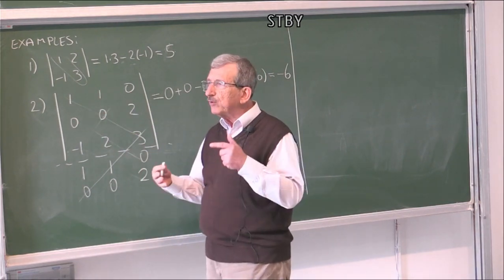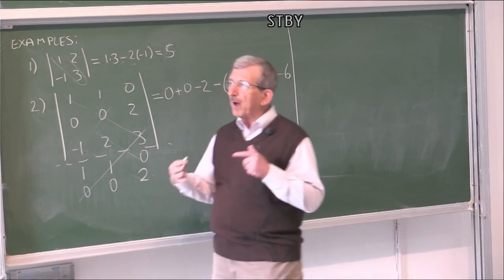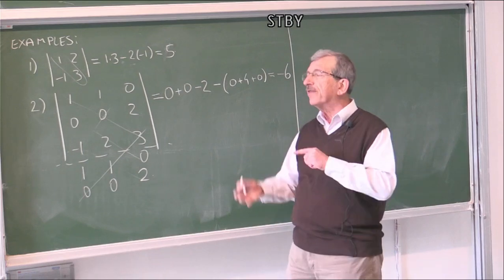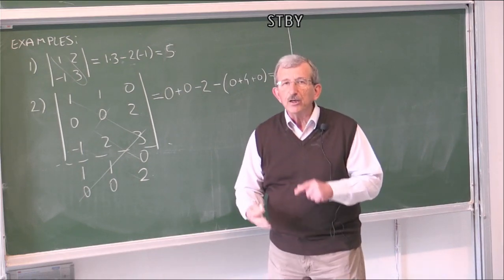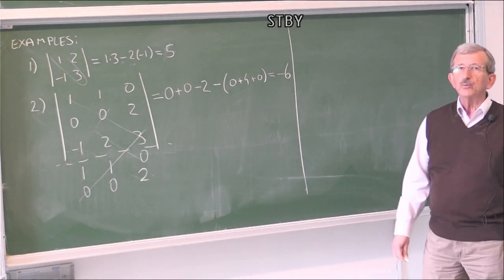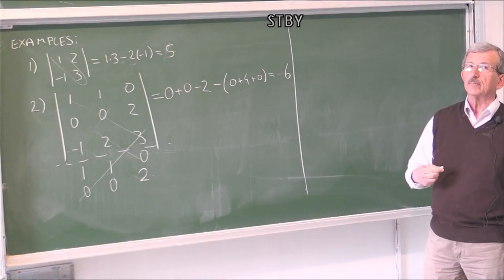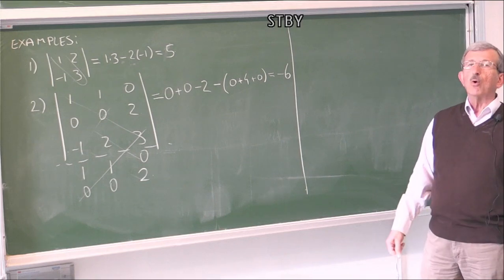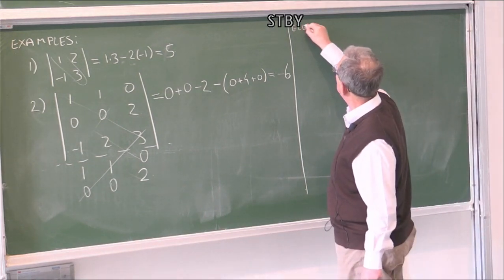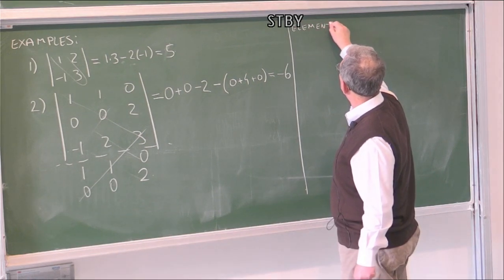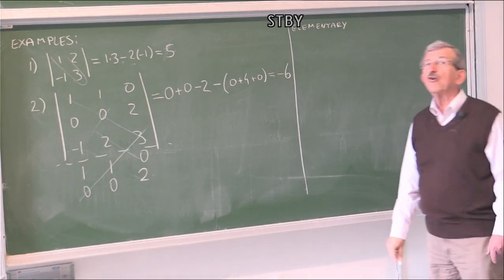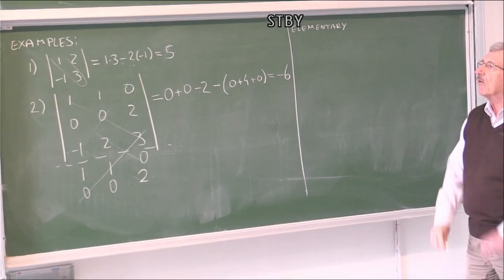But there are a few rules about determinants which say that if you change certain things, the value of the determinant will not change, or it will change in a certain way. These rules, called the elementary operations, to be more precise, elementary row operations, but it can be done for columns as well.